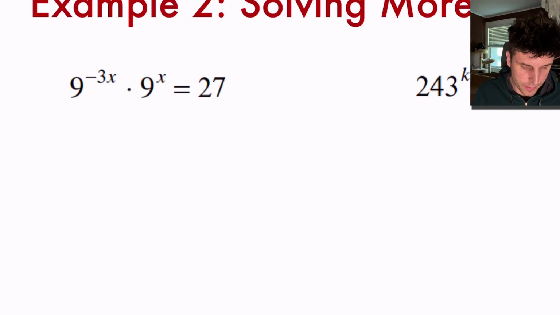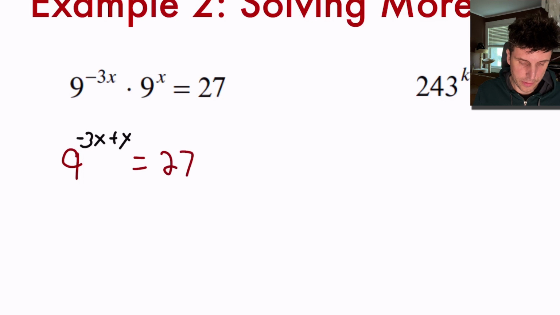So this is going to become 9 to the negative 3x plus x, and that equals 27.